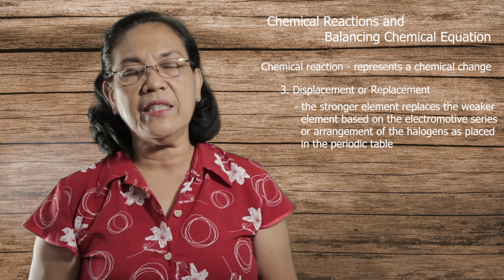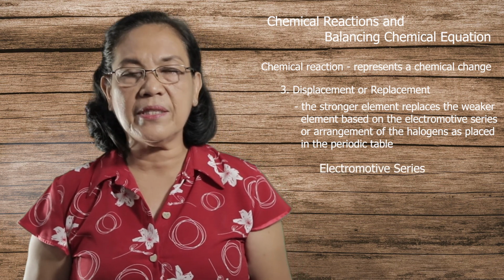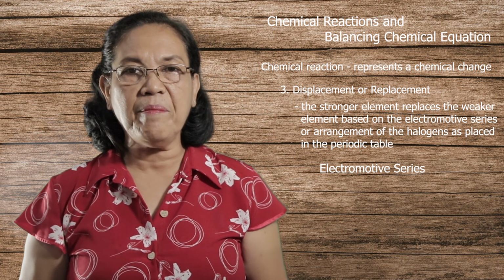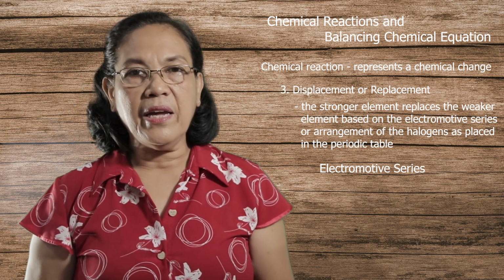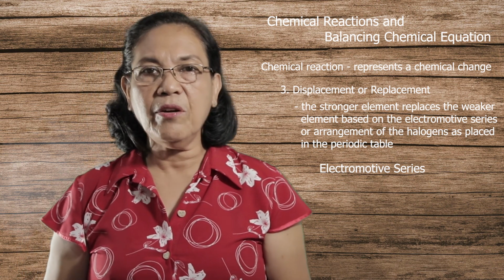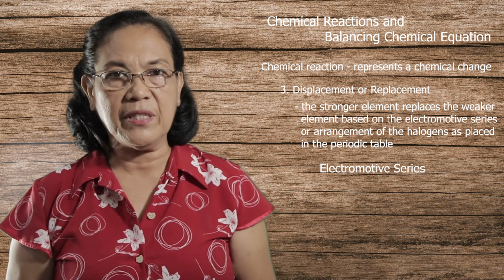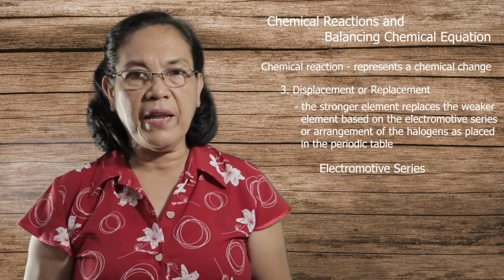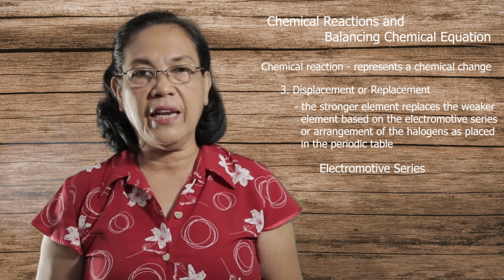Now, what is this electromotive series? The electromotive series is a list of metals wherein they are arranged according to the descending order of reactivity. Something higher in the list can displace something lower in the list.